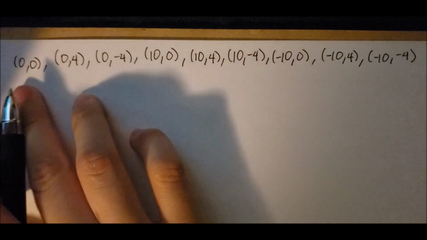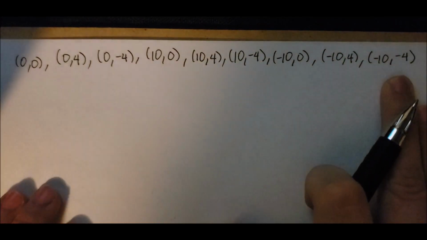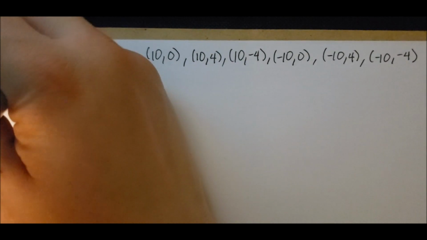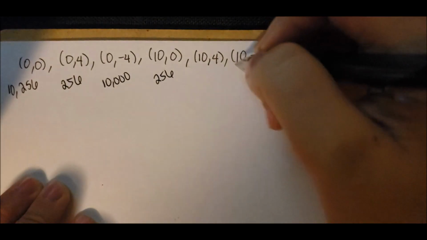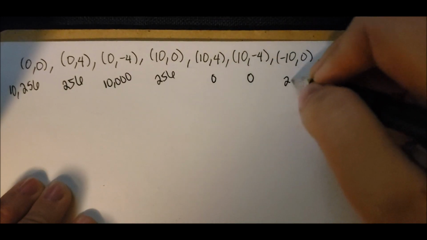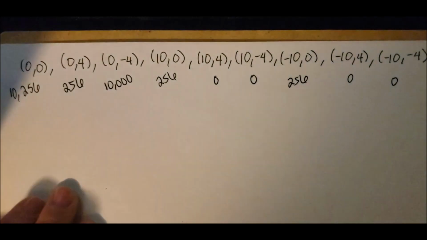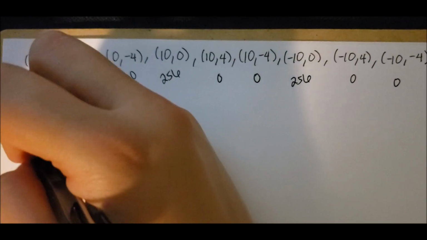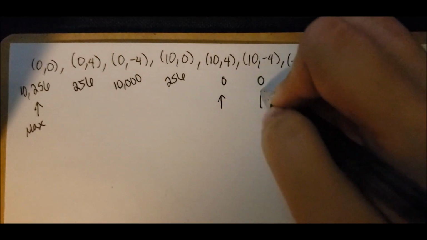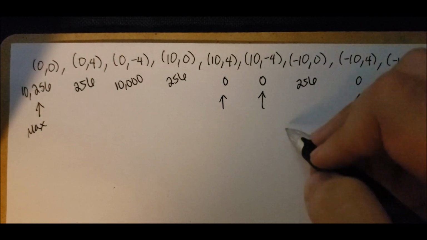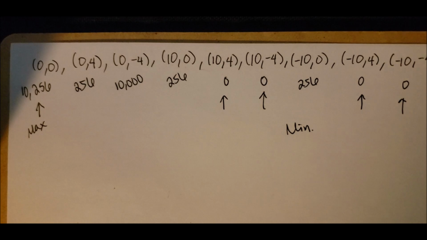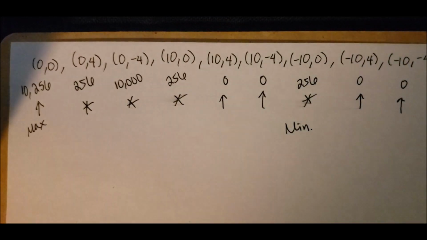So when I go to evaluate these in F, I get 10,000, 256, 256, 0, 0, 256, 0, 0. So I have my max, my 4 min, and then I have these 4 points that are most likely saddle points.